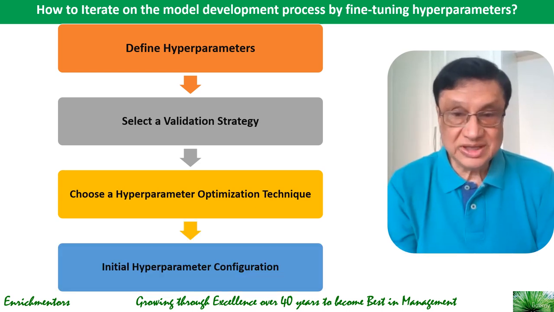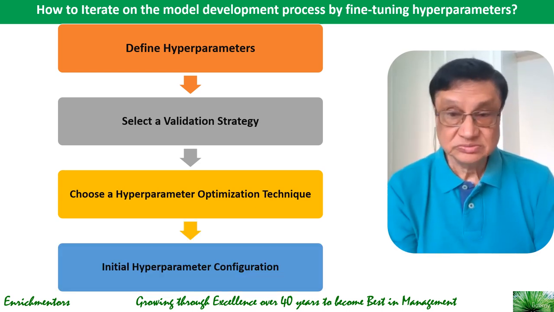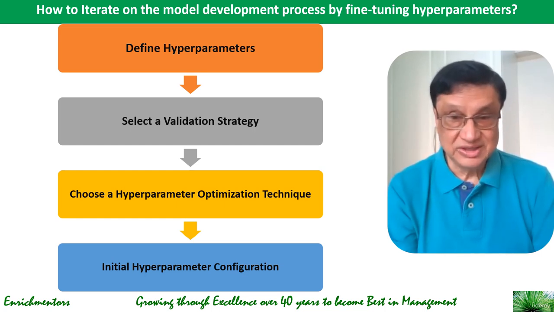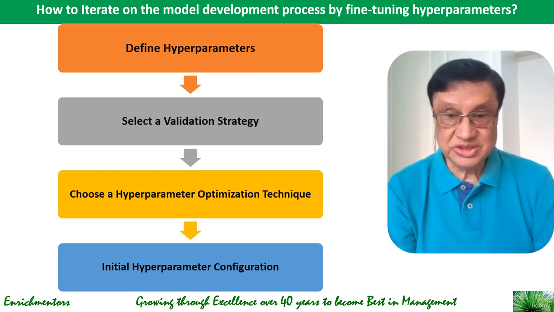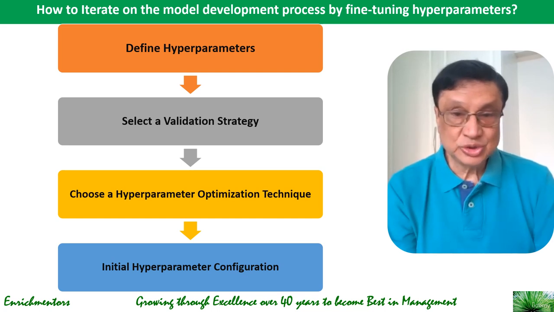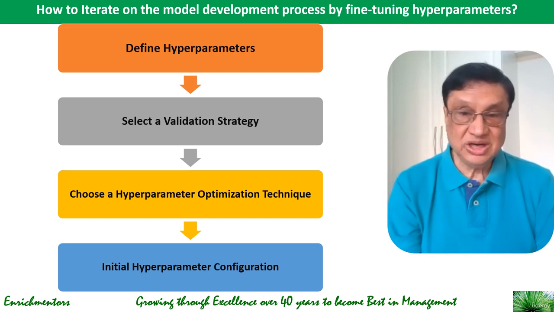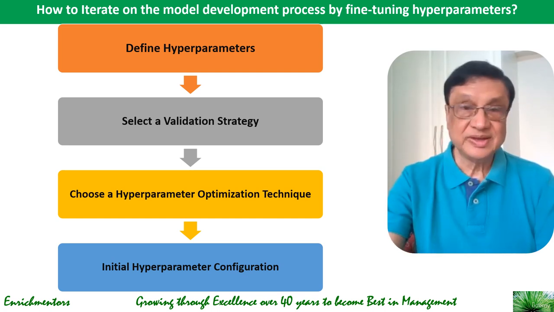Then you choose an initial set of hyperparameters based on intuition, previous experience, or defaults given by the programs. And then you train the model using the chosen hyperparameters and evaluate the performance on the validation set. So that's what you do in initial hyperparameter configuration.